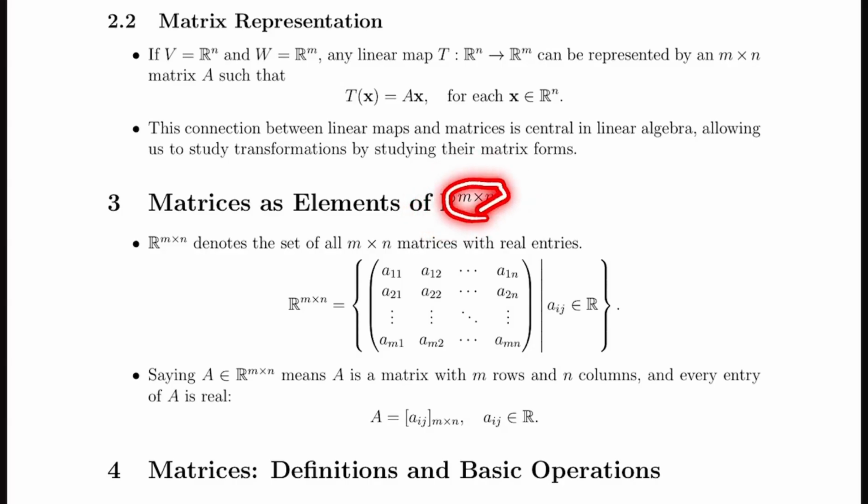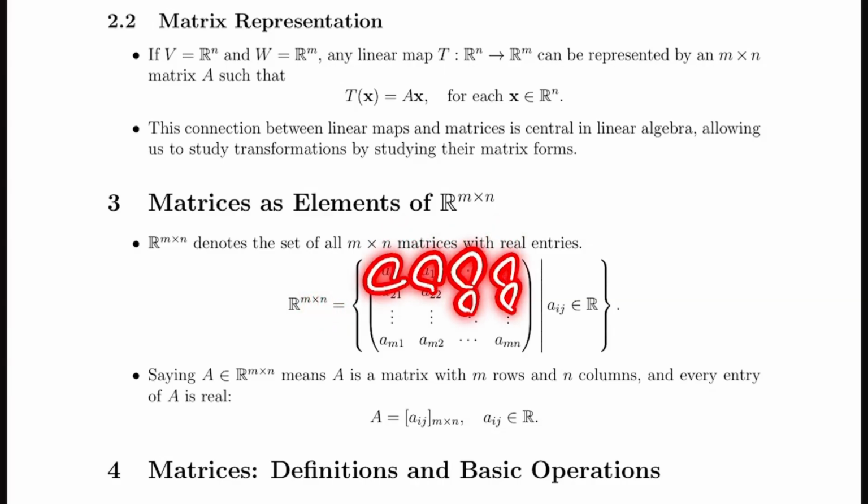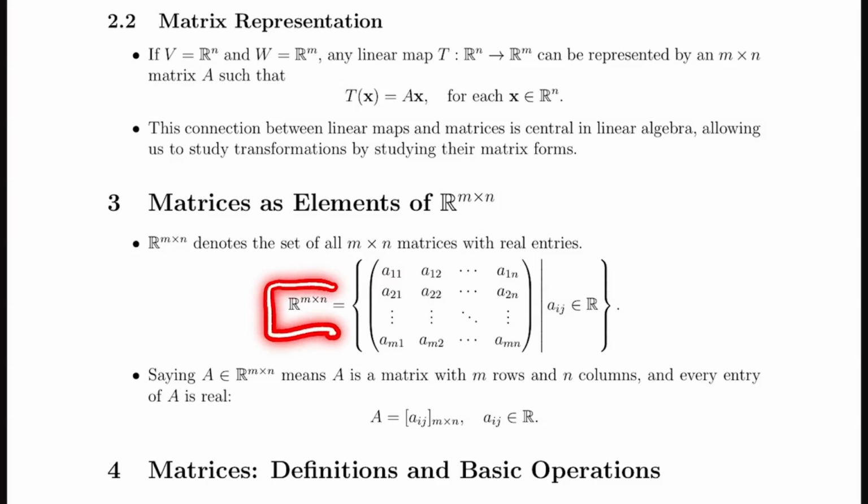What does that mean exactly? It means a matrix can be defined by m rows and n columns, and each entry can be a real number. So R^(m×n) is the space of matrices with m by n dimension.